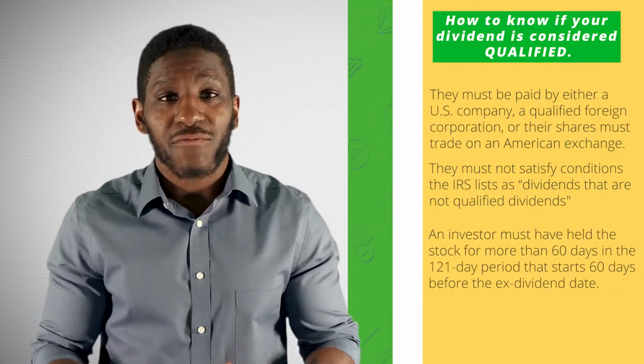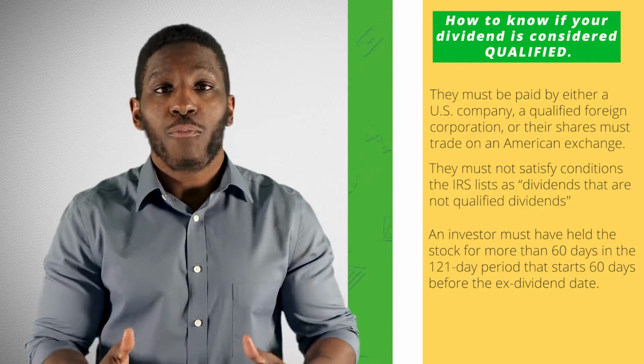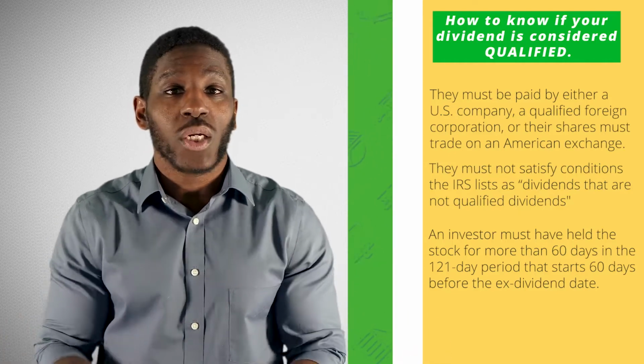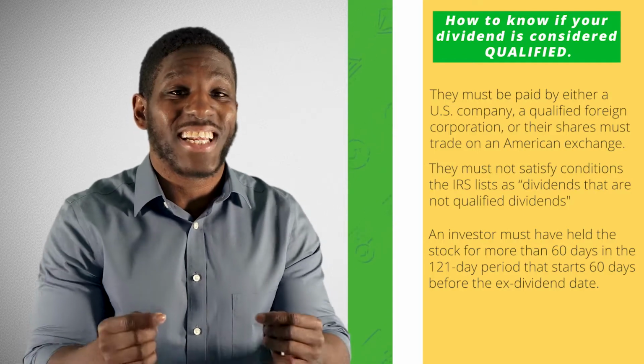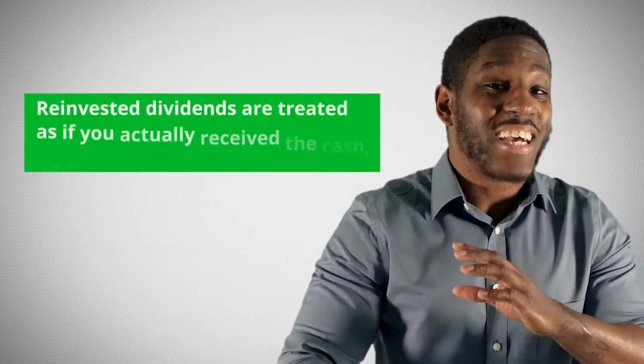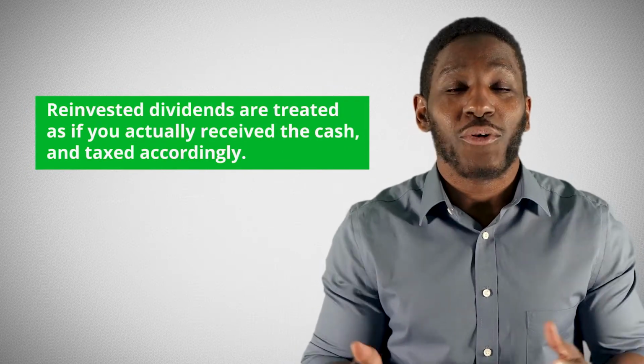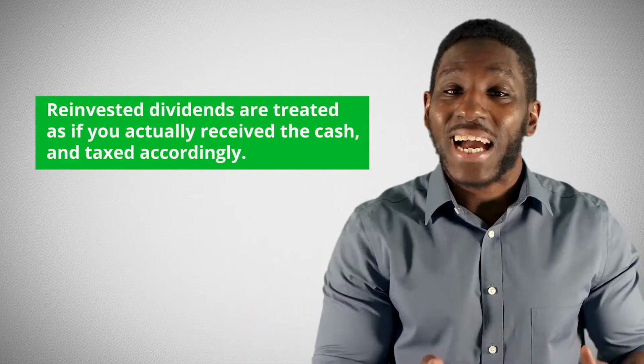And lastly, an investor must have held the stock for more than 60 days in a 121-day period that starts 60 days before the ex-dividend date. Note that reinvested dividends are treated as if you actually received the cash and taxed accordingly.